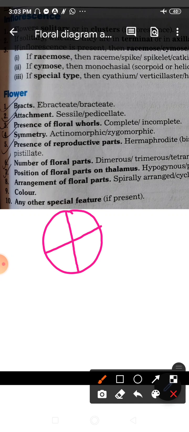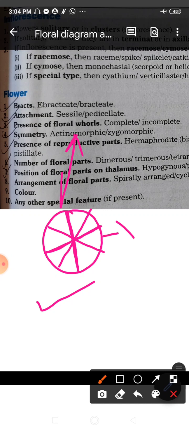Whether the line falls like this, or like this, in any plane if it is divided, it will be divided into two equal halves. Then the flower is said to be actinomorphic, right? Otherwise, if they are not dividing like this, then the symmetry of the flower is zygomorphic, right?